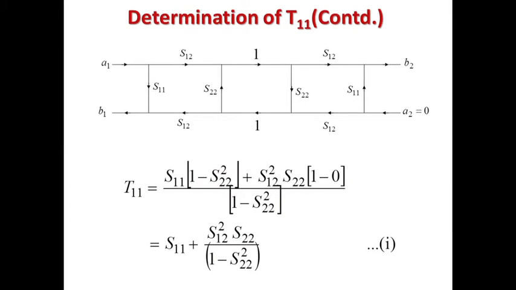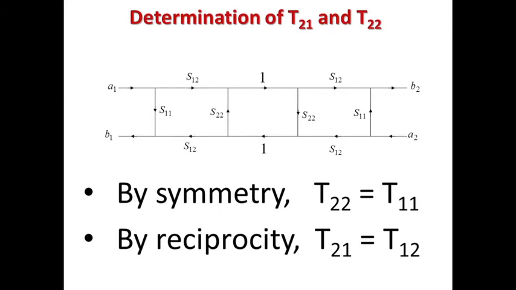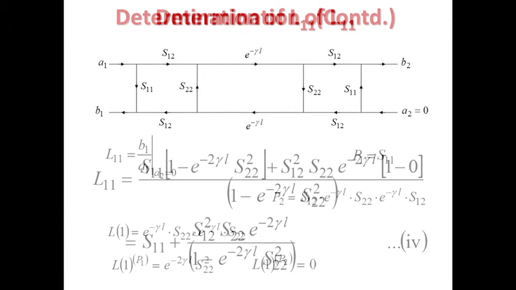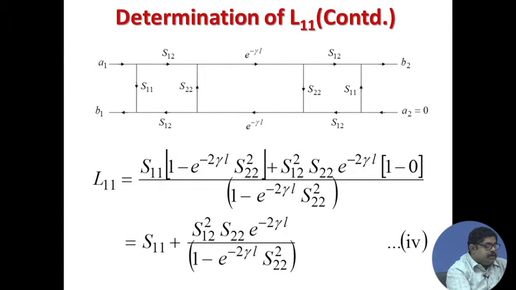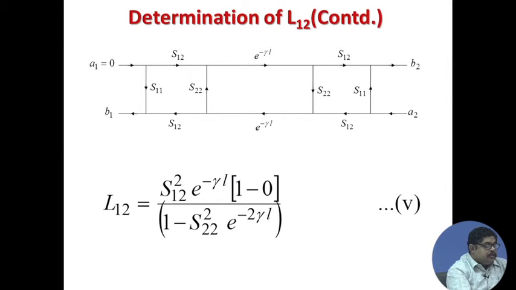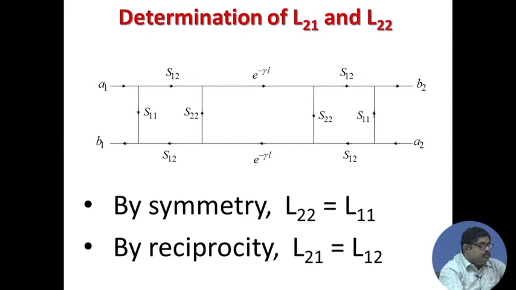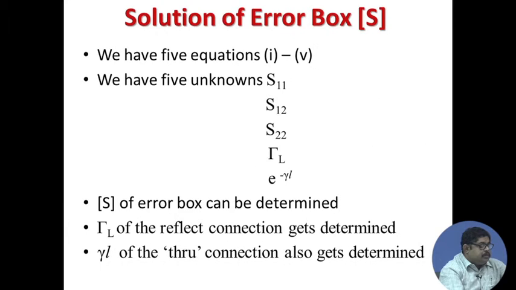So, there are 4 S parameters, and we have 5 such equations. So, they can be solved. This is by symmetry. We have 5 equations.